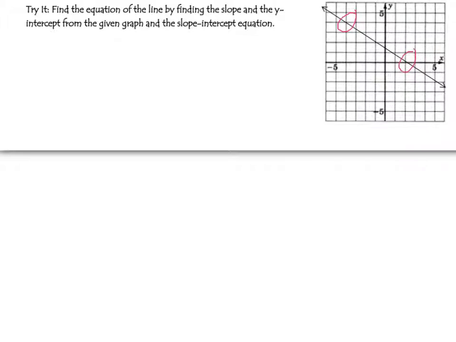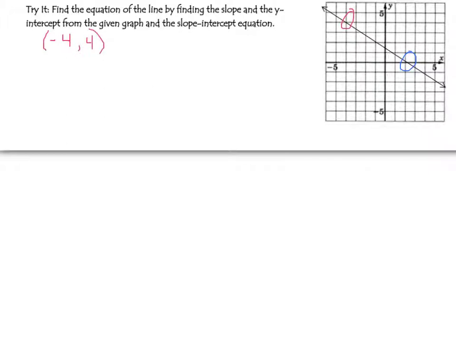You could find others, like for instance you could choose this point, but I'm not going to do that. It doesn't matter. Just make sure you choose points that actually cross the line.